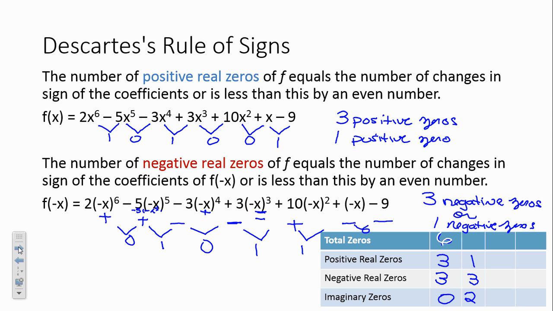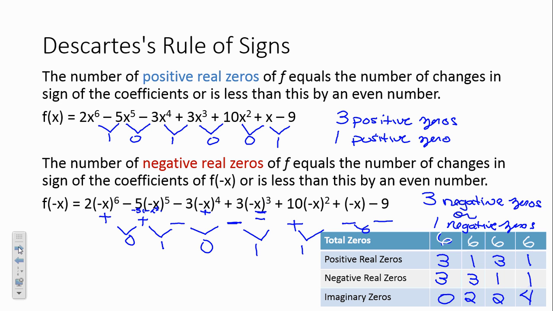And we still would have 6 zeros, right? Always going to have 6 zeros no matter what. We just don't know what combinations they are. Maybe we have 3 positives and 1 negative and 2 imaginary. Or maybe we have 1 positive, 1 negative, and 4 imaginaries.